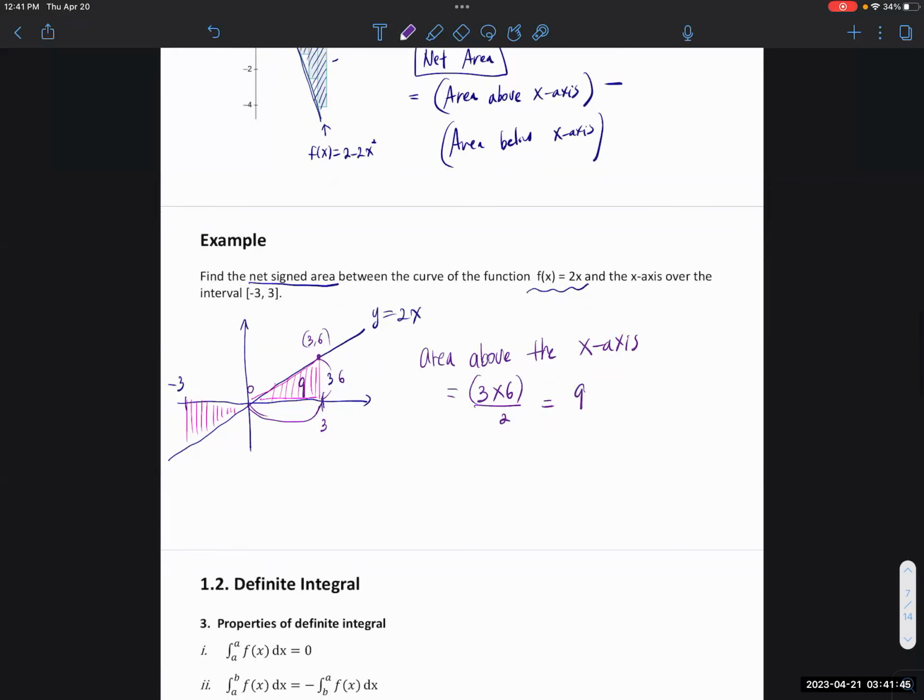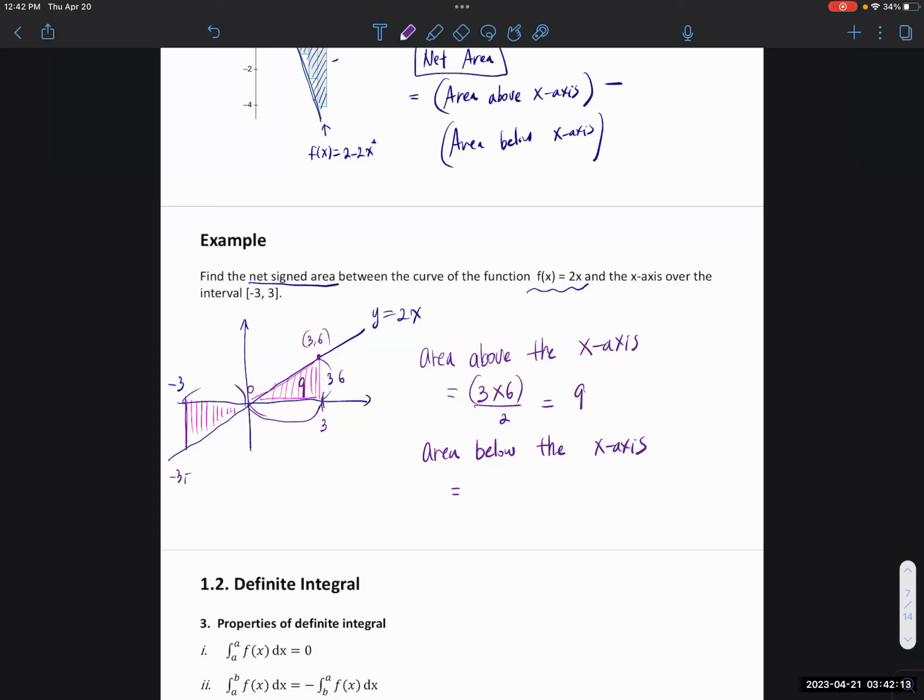So far so good. I also need to find the area below the x-axis. As you see, this part is going to be 3. The length is going to be 3. Although you have a negative, the length should be a positive number. We are not saying that you are going in the left direction, negative 2 kilometers or whatever. Length is positive. So same thing.